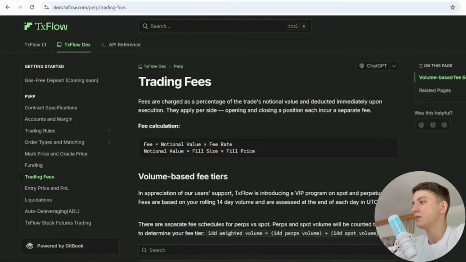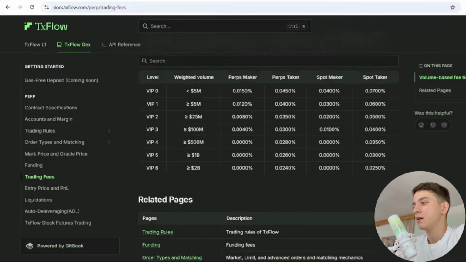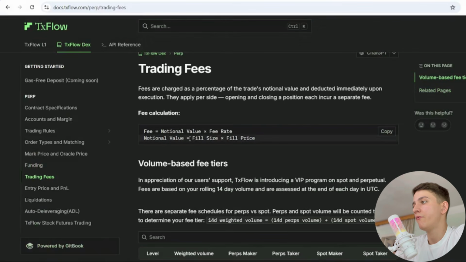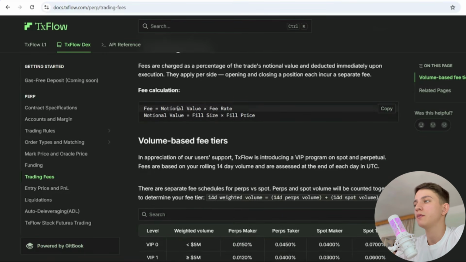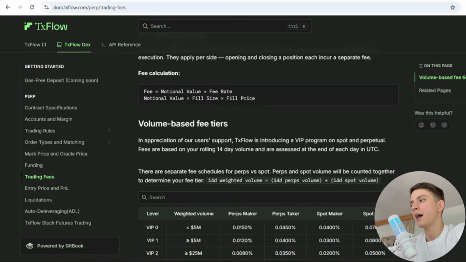And let's take a look at trading fees. Fees are charged as a percentage of the trade's notional value and deducted immediately upon execution. They apply per side, so opening and closing a position each incur a separate fee. Fee equals notional value multiplied by the fee rate, and notional value equals fill size multiplied by fill price, guys.